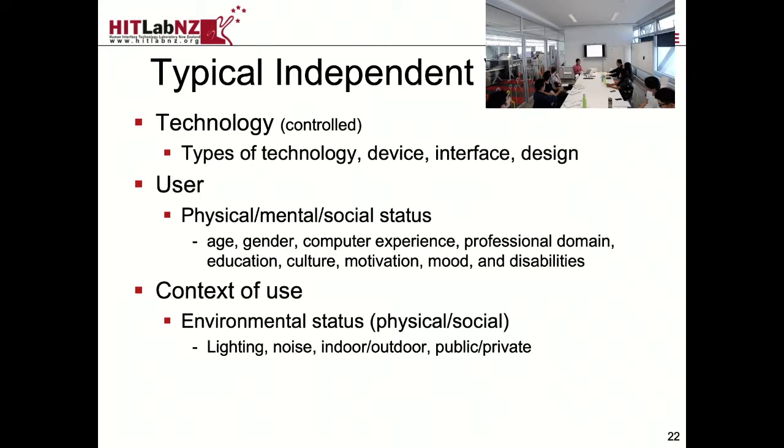And the context also can be your independent variable, like environmental status, the level of lighting, the noise level, and the level of complexity in a certain room. This room looks very complex because we have many people and many objects here. But if we remove all of them, then it will be empty, which is much simpler. So in that case, the environment should be an independent variable.